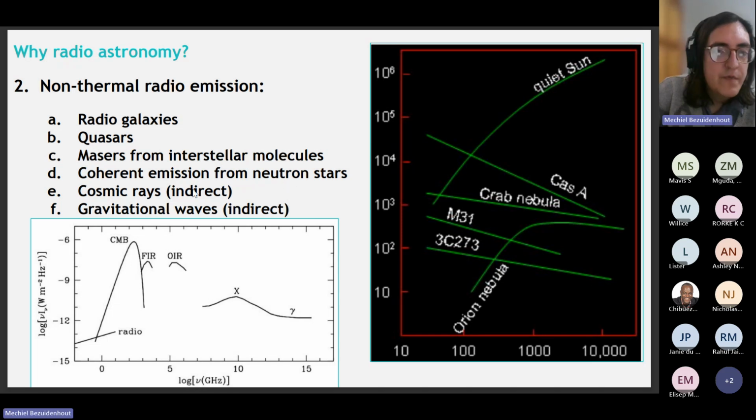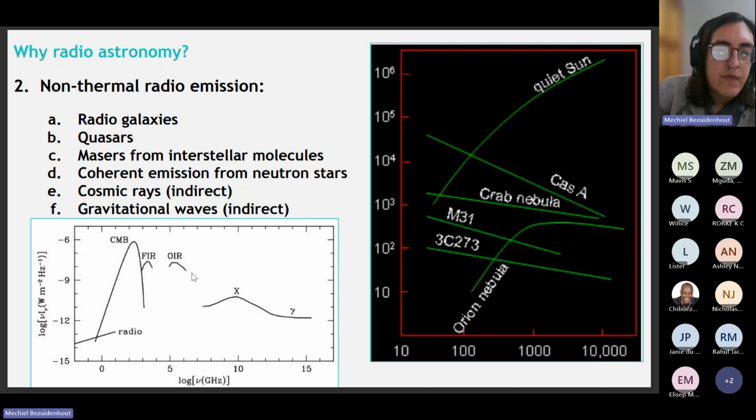power law distribution. And if you look at the plot at the bottom, you can see this is the typical kind of spectrum that you expect at different wavelength regimes. The radio emission is more or less power law distributed. The CMB follows a very nice, very precise black body distribution.